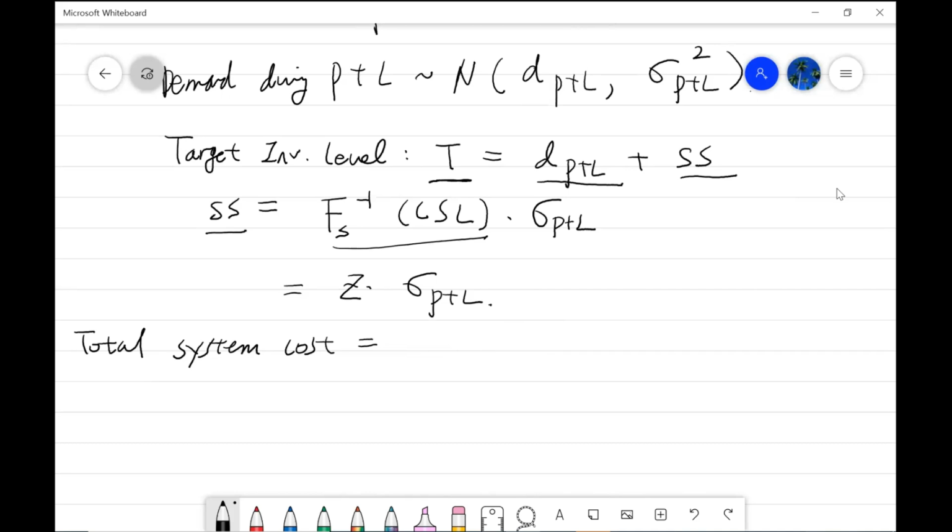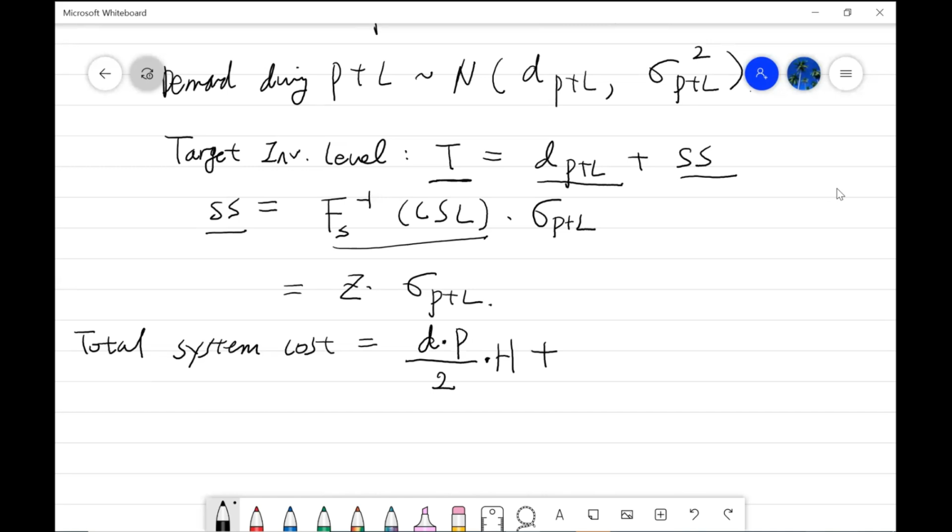Instead, I'm going to use the average demand during the review period in place of the order quantity. It's just D multiplied by P, as if this were the order quantity, and then multiply by the unit inventory holding cost. This is how I calculate the cycle inventory holding cost under the periodic review system.